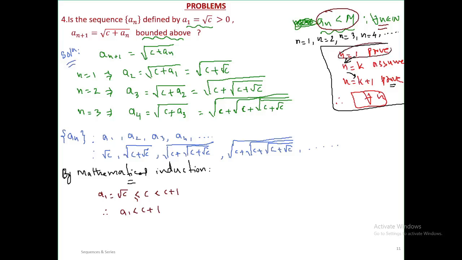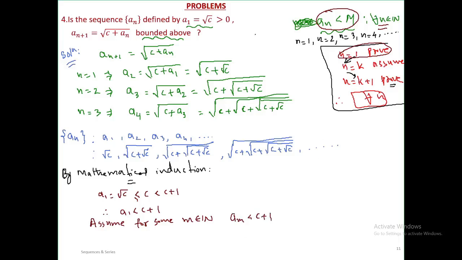Next, I have to assume n is equal to k. So assume, for some m belongs to the natural number set, am less than c plus 1. I am assuming this. Listen carefully.